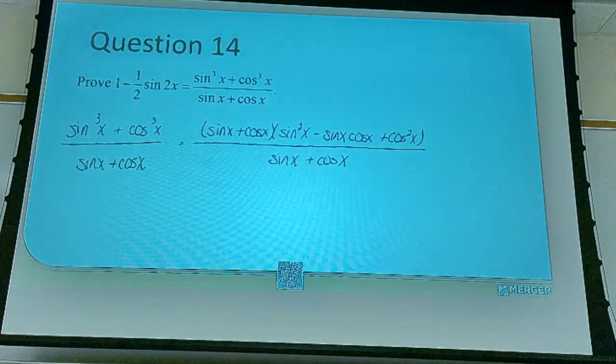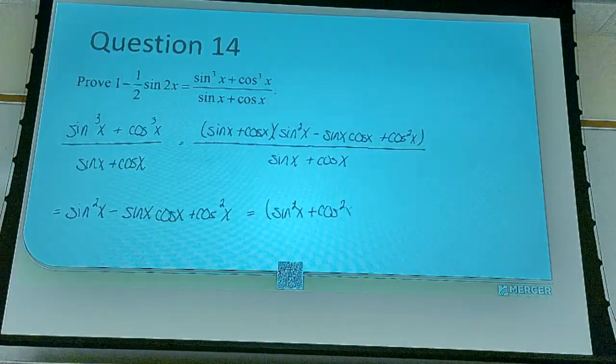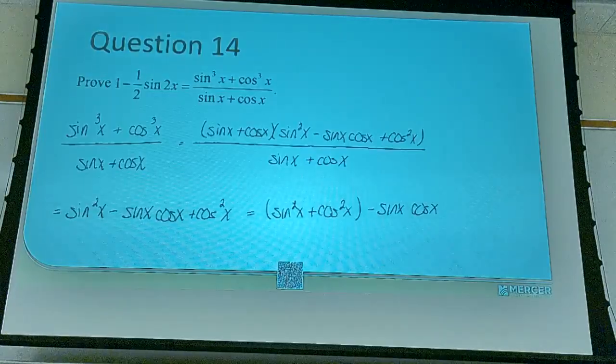Now look, sine plus cosine over sine plus cosine is 1. Addition is commutative and associative, so how we order and how we group doesn't matter. Sine squared plus cosine squared is 1.